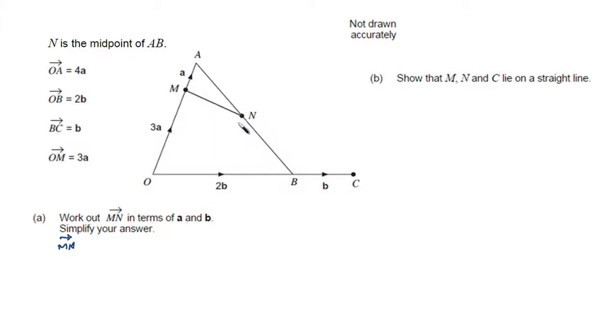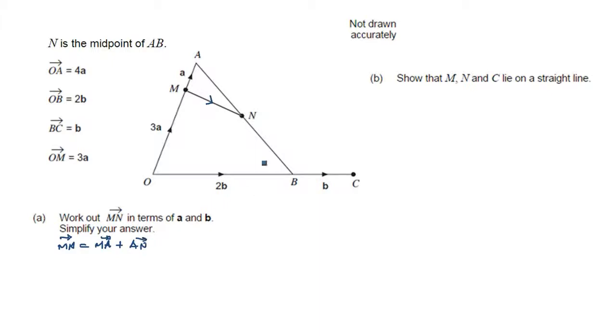So from M to N, draw an arrow to indicate that we're going in this direction. Now to get from M to N, we could go around in this direction here, but the most sensible way is to go up and then down. So M to A, like this, and then A to N.